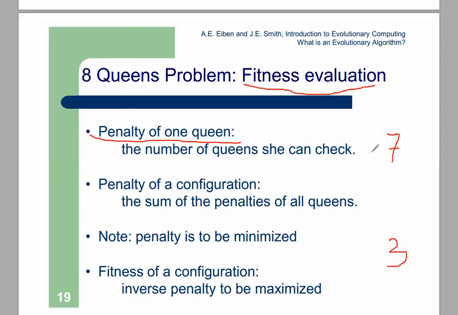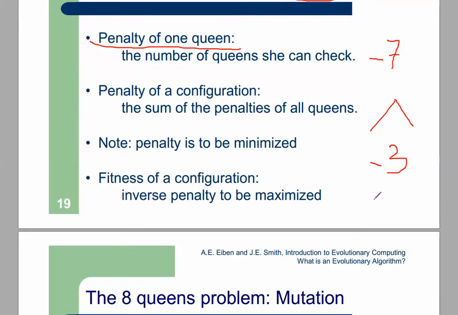So we use the negative value because negative 3 is higher than negative 7. The best solution is 0, the 0 touch value. No queens touch each other. It is the best fitness, or highest fitness, or maximum value of fitness. So we can use inverse or negative. Negative is better.